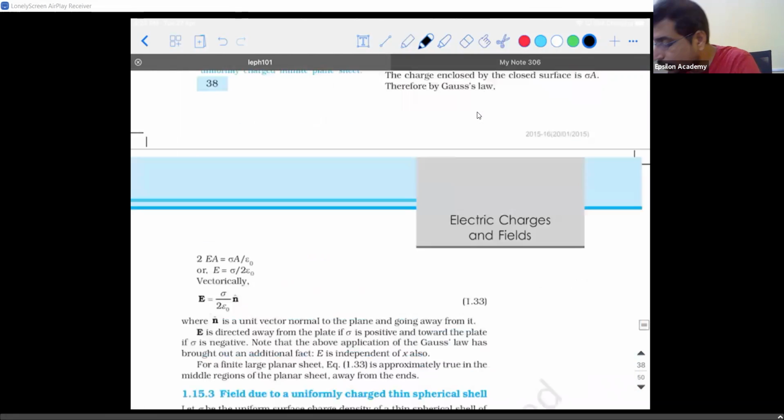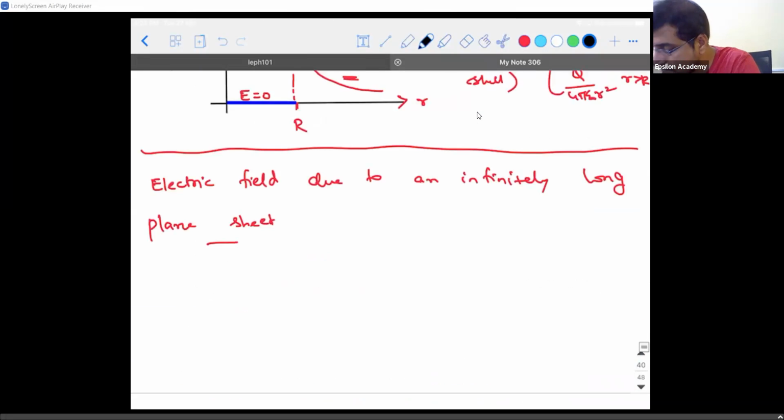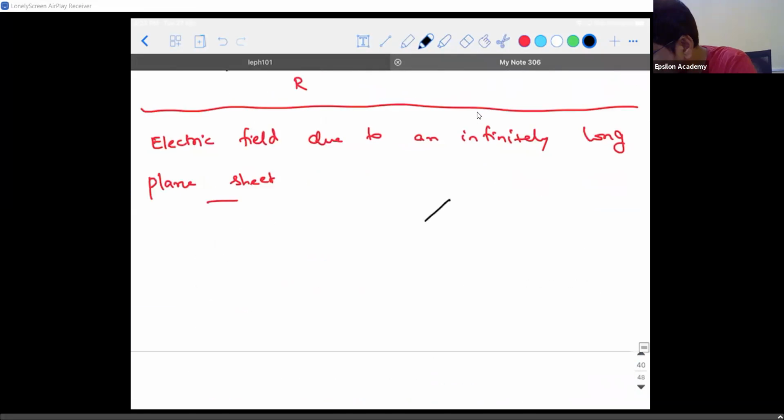So what do we mean by plane sheet, guys? A plane sheet is a two-dimensional sheet. A two-dimensional sheet obviously is going to appear like a rectangle to your eyes.